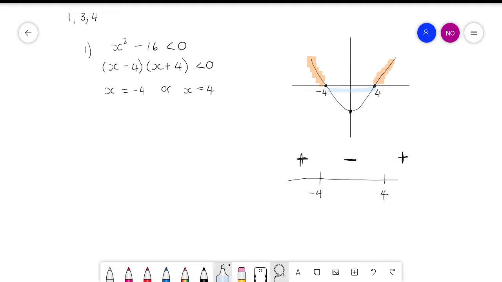Okay, now you've drawn your parabola or your number line. Now the next step is, what are we looking for? Now go to your inequality. Are we looking for plus or minus? You see, smaller than 0. So we're looking for minus. Where do we find minus?